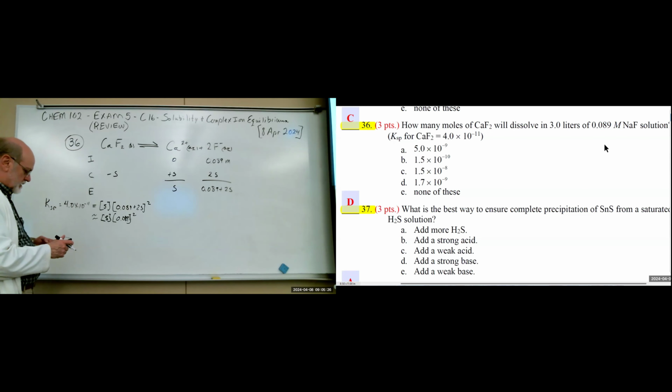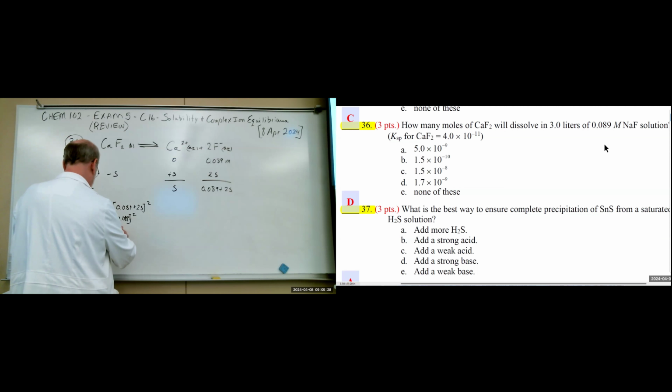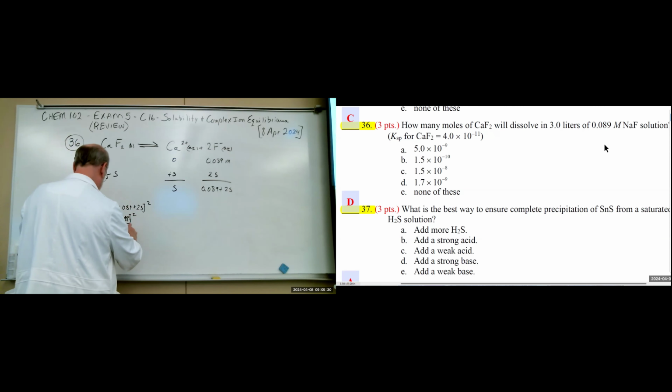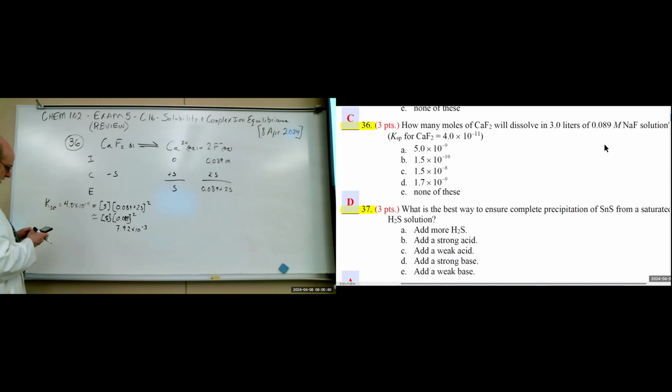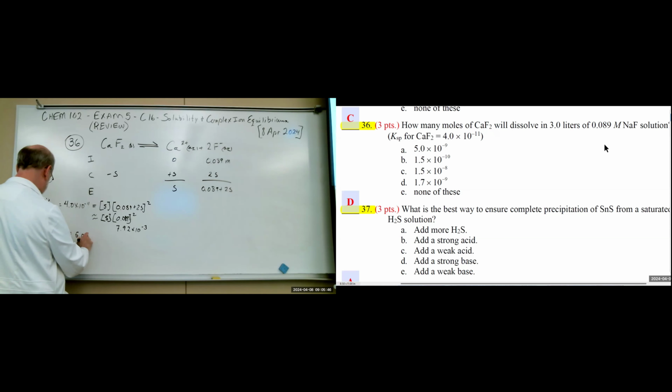0.089 squared is 7.92 times 10 to the minus 3. And I'm going to divide that into 4 times 10 to the minus 11. And the molar solubility then is equal to 5.05 times 10 to the minus 9 molar.